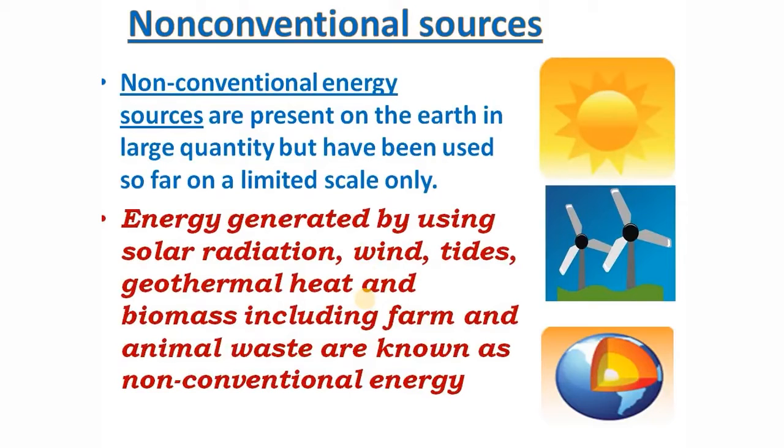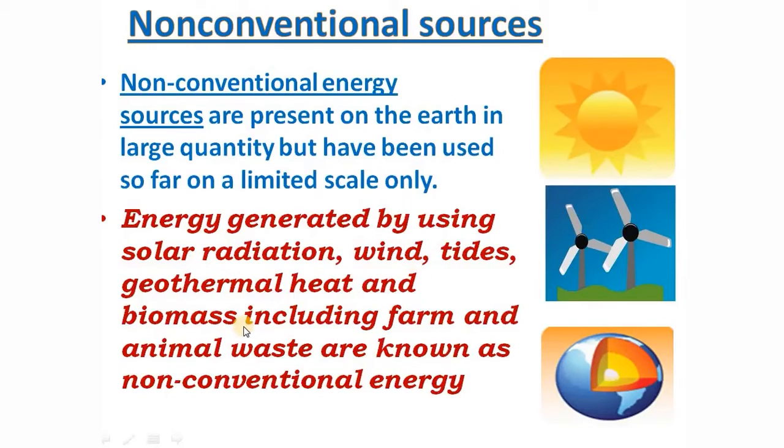Technically you can say energy generated by using solar radiation, wind, tides, geothermal heat, and biomass, including farm and animal waste, is known as non-conventional energy. This is a comparatively technical definition in which different sources are mentioned.